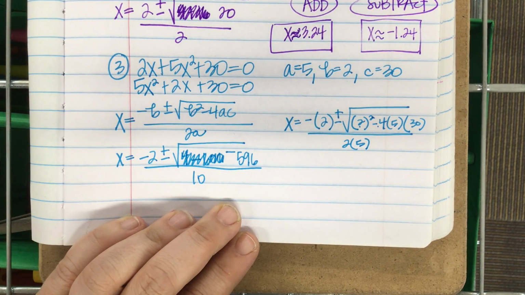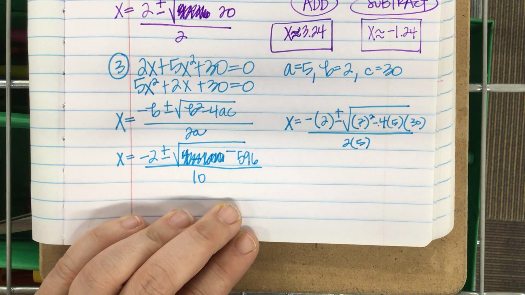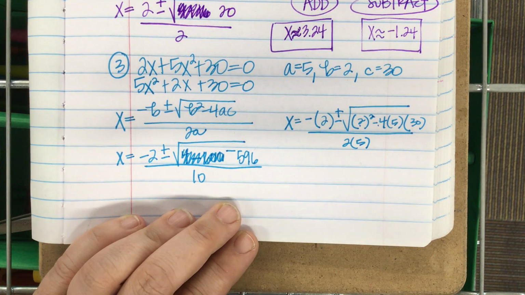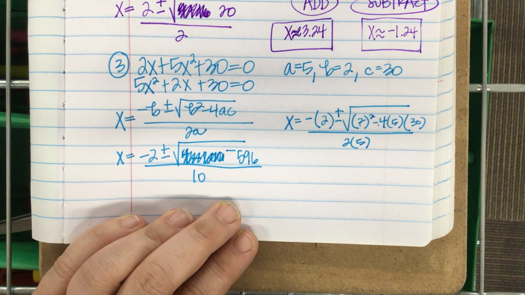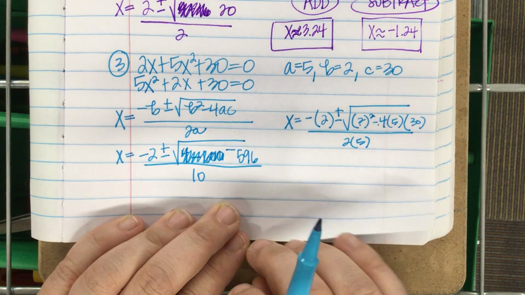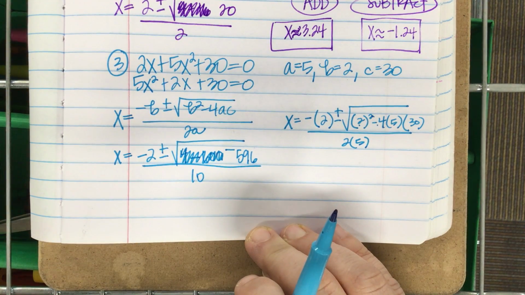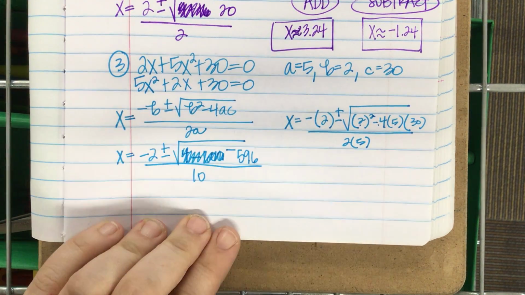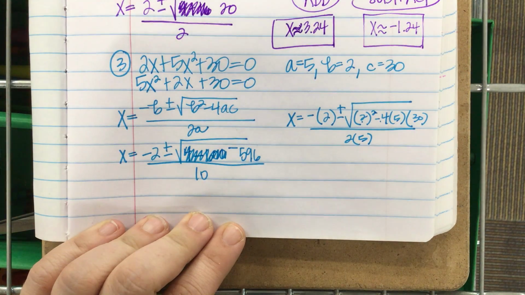Can't you just find the square root of negative 596? It says domain error. You cannot find the square root of a negative number.